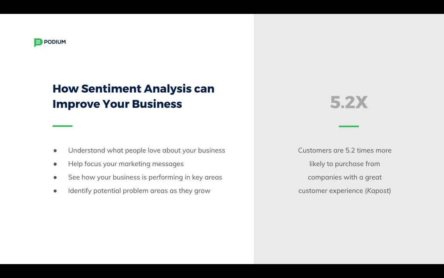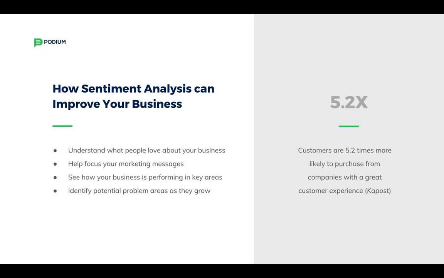So again, as we think about this sentiment analysis, I think bullet point 2 is to help focus on marketing messages. I think marketing sometimes misses the ball. If you look at your reviews, when people give you 5 out of 5 star ratings, whatever that person writes as to why they gave it 5 stars is what needs to be incorporated into your marketing messages.